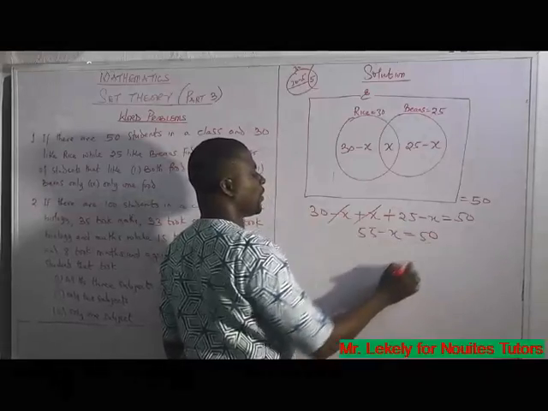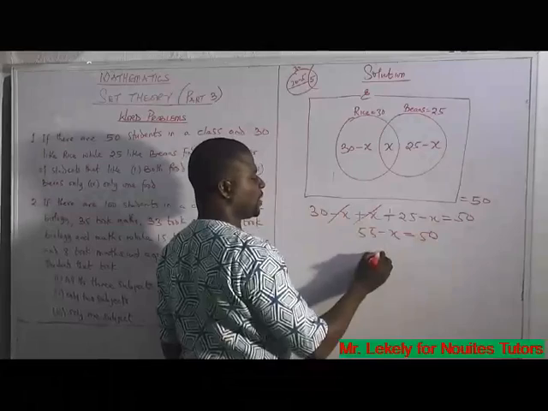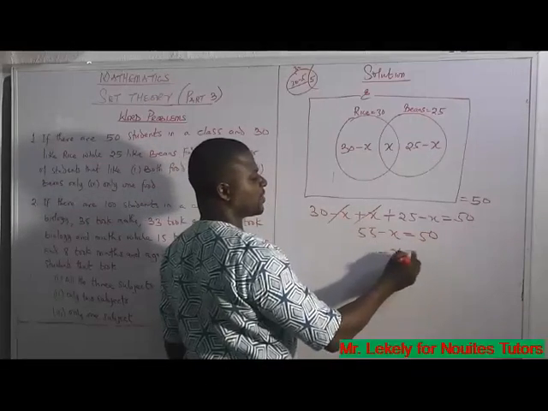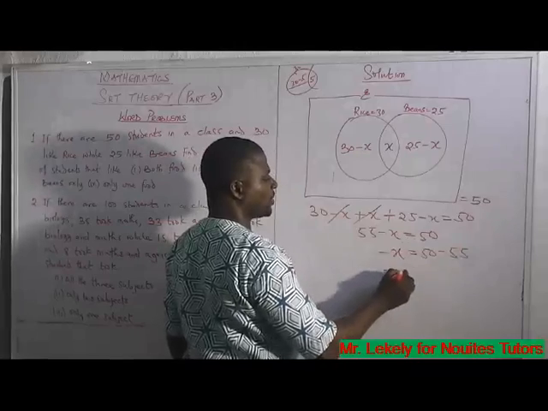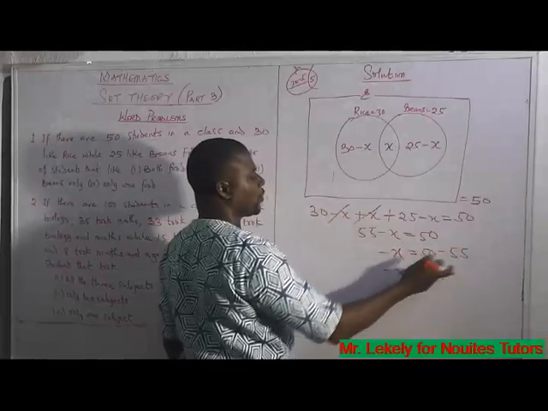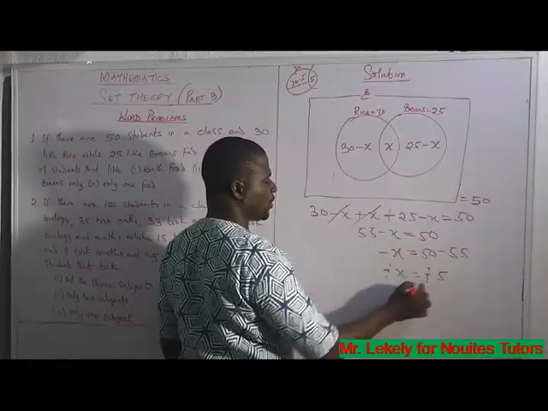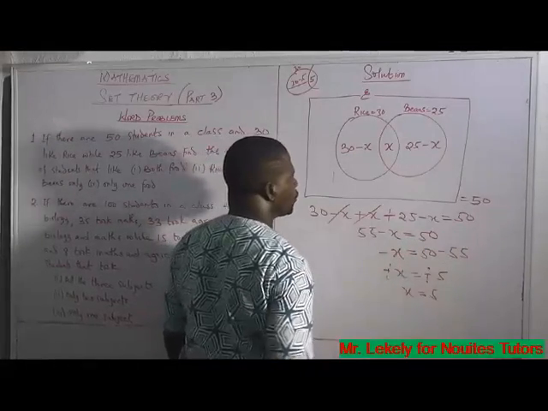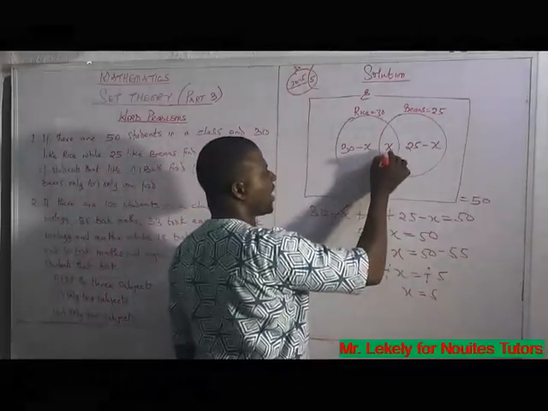Now I can bring this 55 to the other side, so I'll be left with minus X equals 50 minus 55. So minus X equals minus 5, because 50 minus 55 is minus 5. Minus can take care of minus, so your X is 5. So those that like both foods are 5. So this X is 5.